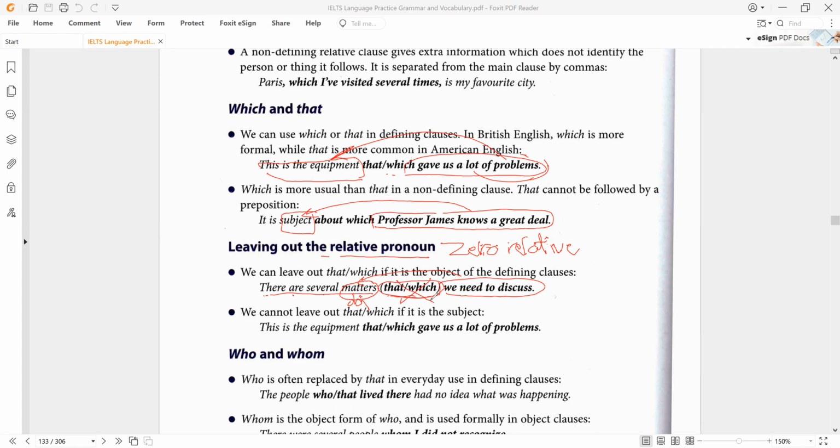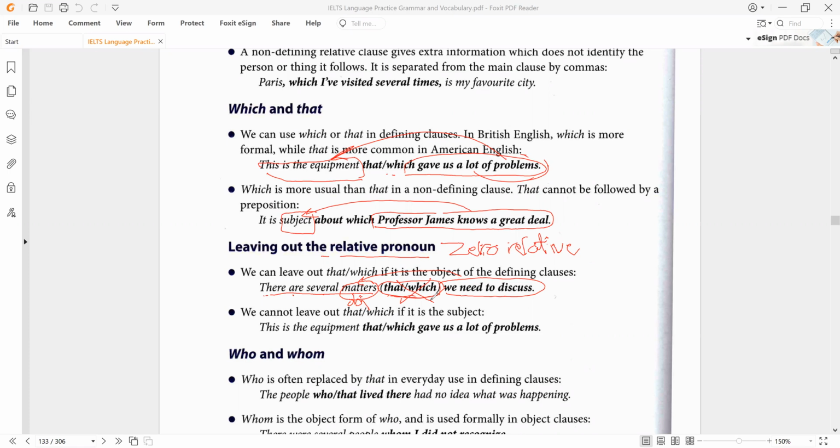مثلا if it is speaking, إذا كان عندي speaking situation or a spoken situation, you can leave it. There are several problems we need to discuss. There are several issues in the work we need to discuss بهذا الشكل. So there is no need to make it longer.